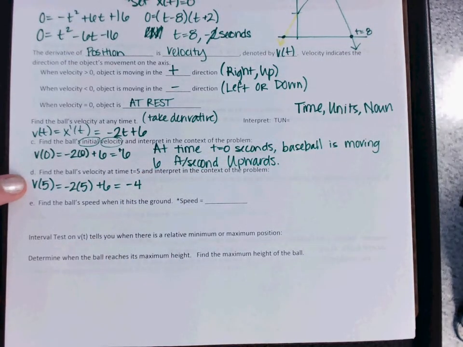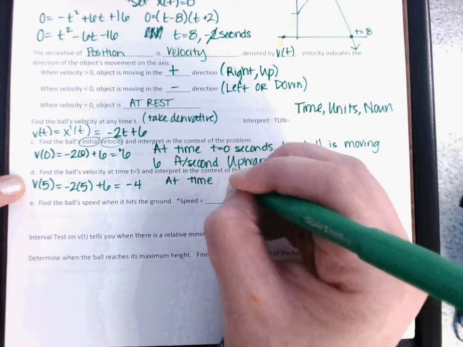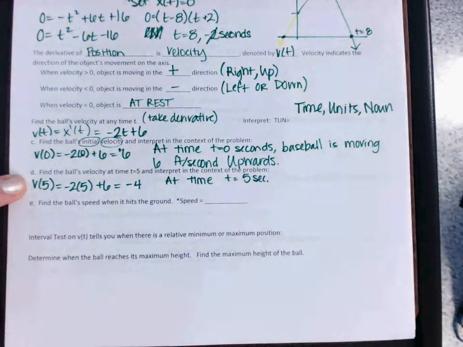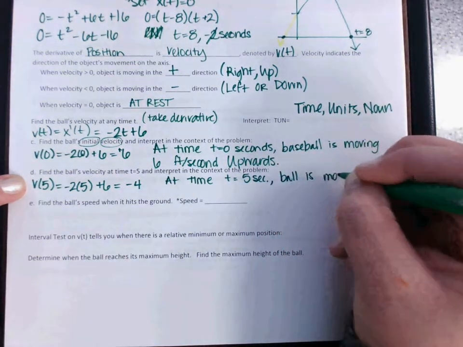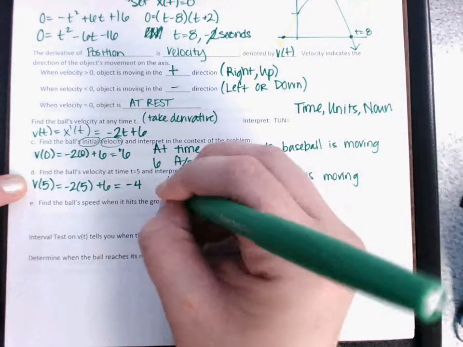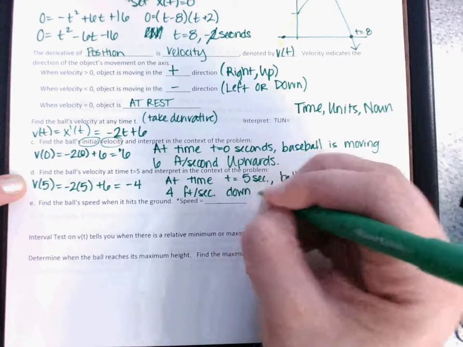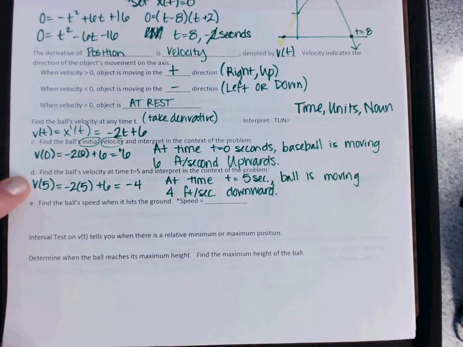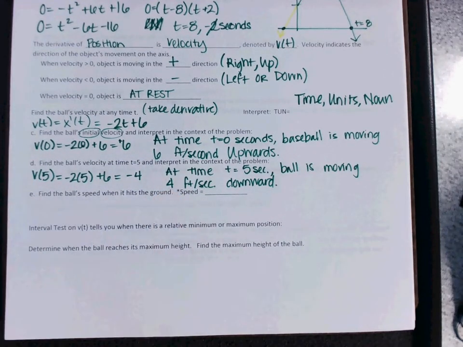And then from there we'd say, okay, at time t equals 5 measured in seconds, the ball is moving 4 feet per second downward. And where does the downward come from? Because of the negative. Now, don't put negative 4 feet per second downward. The direction comes from the negative. You would not also include it.